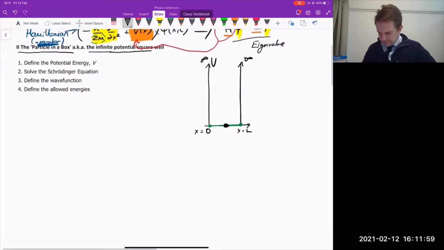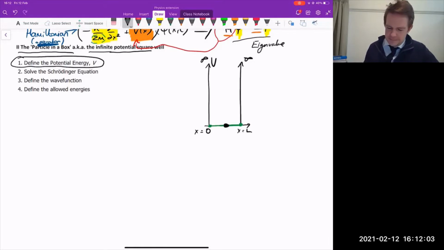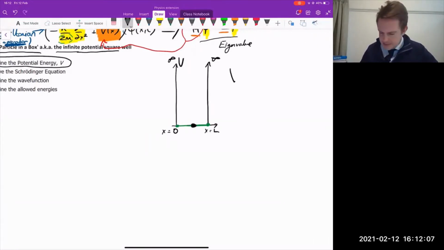Now, you see this first step here, define the potential energy. That's the first thing I'm going to do. We're going to say that the potential V of x inside the box, so for x greater than 0 but less than or equal to L, is going to be equal to 0.